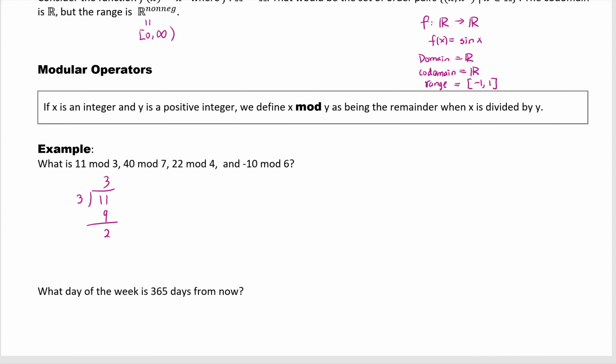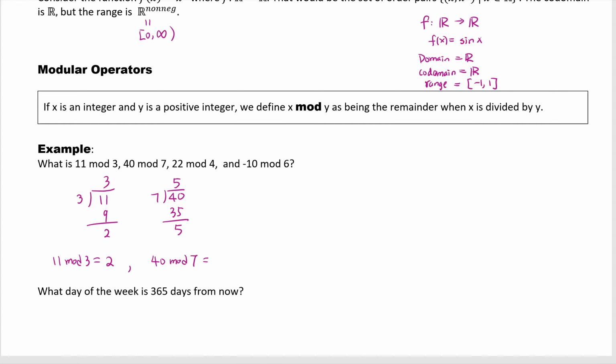Remainder is 2. So 11 mod 3 equals 2. How about 40 mod 7? So 40 divided by 7. 5 times 7 is 35, 5 left. So 40 mod 7 equals 5.